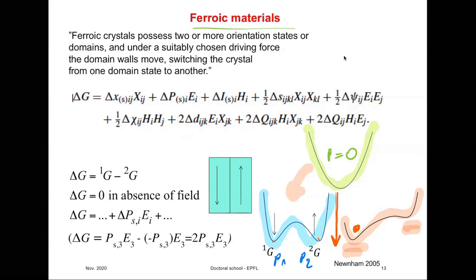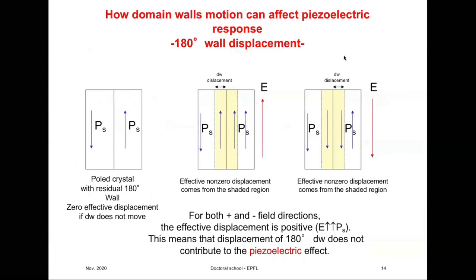But there is an energy reason why a domain wall will move, which really is intuitively obvious. So let's see how this movement of the domain wall can affect piezoelectric response. This is what's of interest for us in this course.